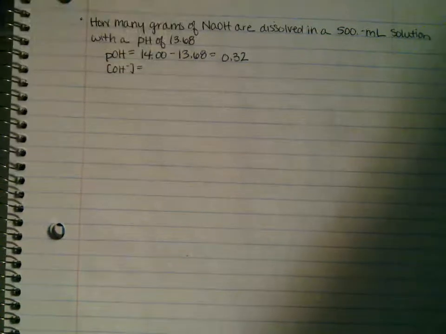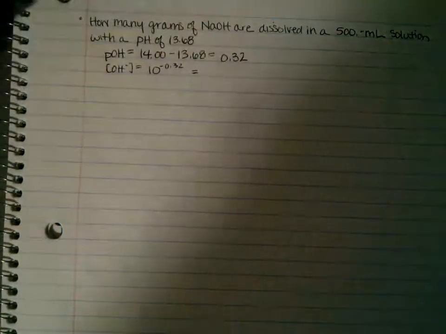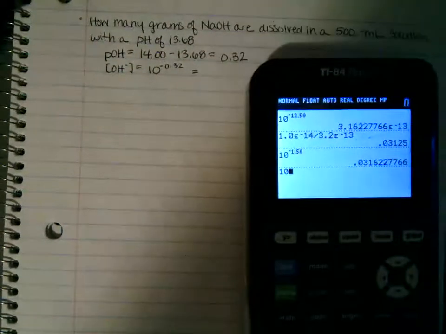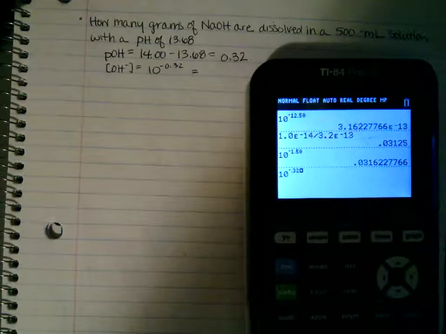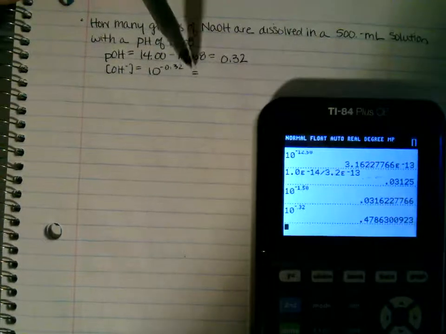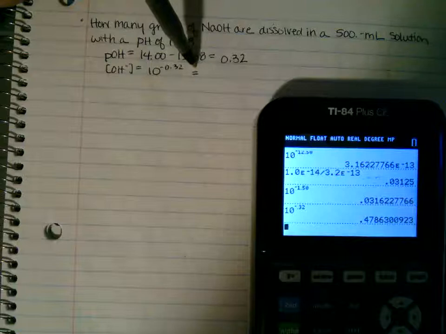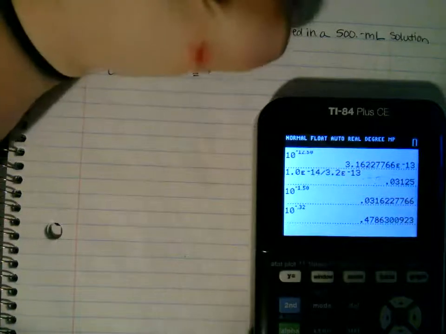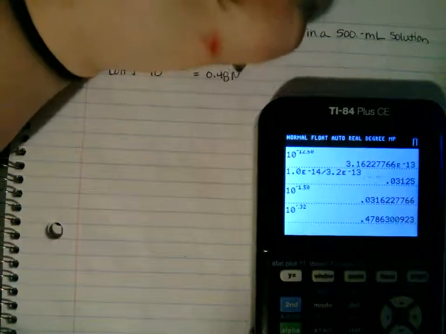Okay, if we know our pOH, we could do our hydroxide ion concentration, 10 to the negative pOH. So our hydroxide ion concentration would be 0.48 molar.